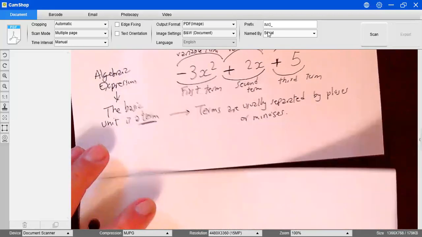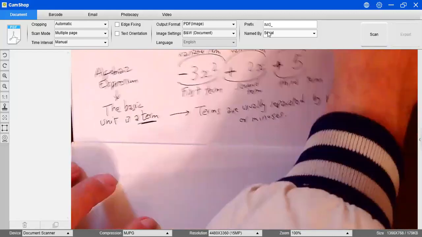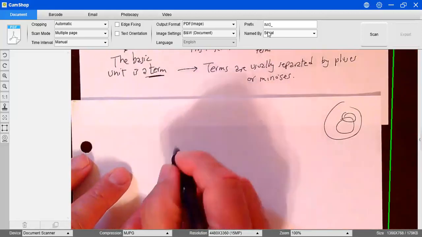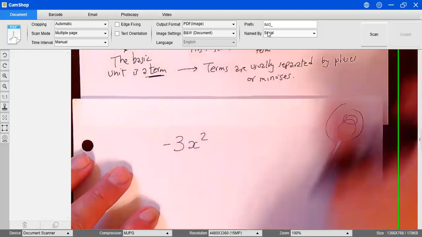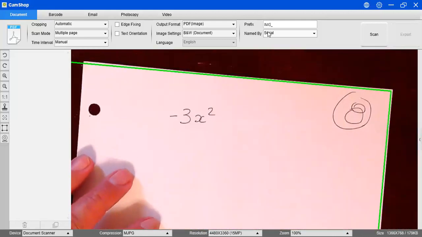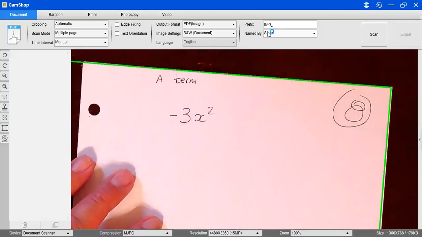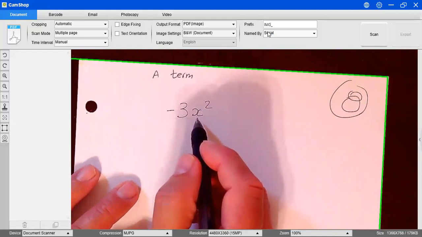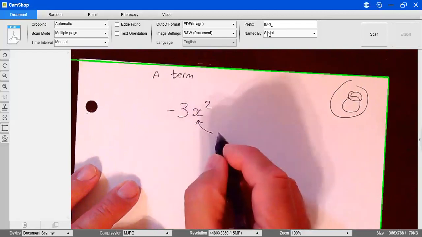So now let's inspect a term to learn more terminology. So I'm going to write now the first term here. So I have negative 3x squared. So this is a term. So what are the parts of this term? It's a variable term because it contains a variable here. So this is the variable.